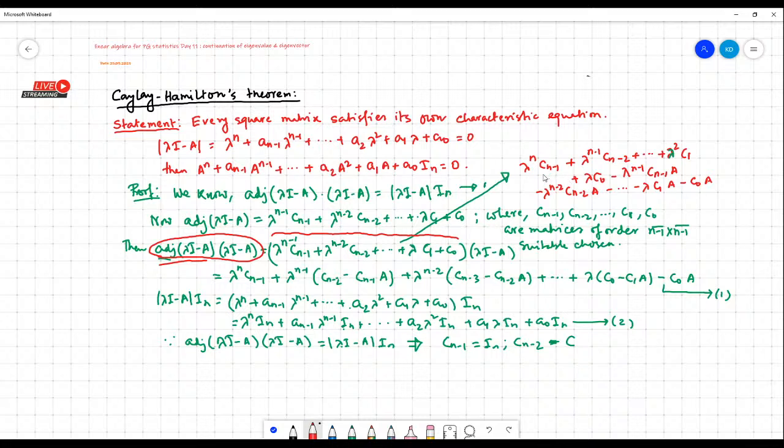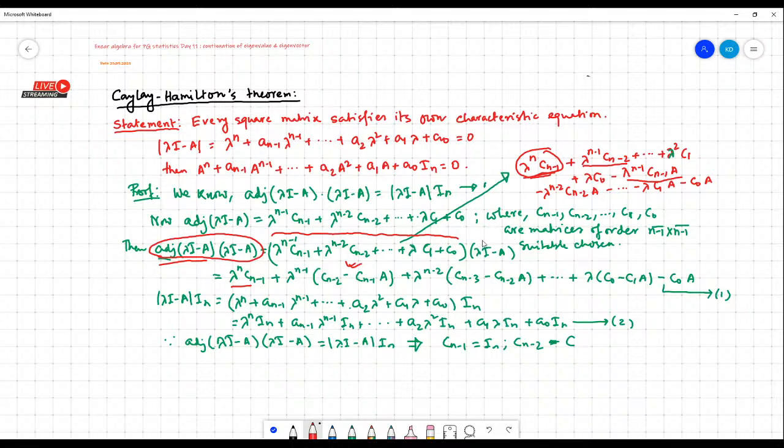Now take lambda n common from this, and so no lambda n C1, and from this you get lambda n minus 1 times Cn minus 2 minus Cn minus 1 a. Agree?